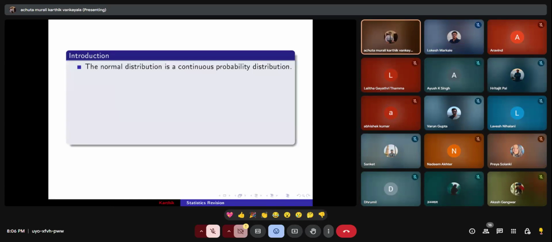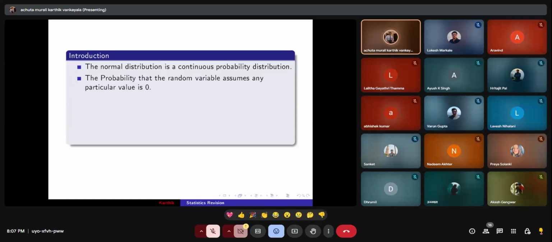Okay, so normal distribution. Basically, normal distribution is a continuous probability distribution. A continuous distribution means the random variable under question can assume any particular value in an interval.